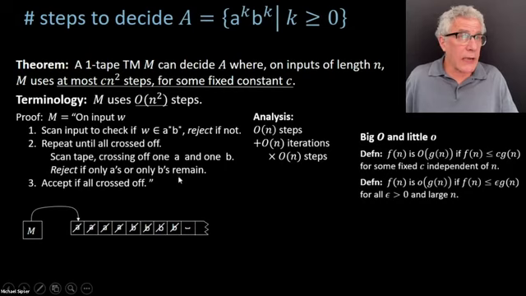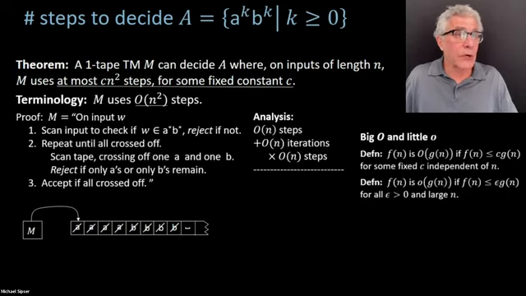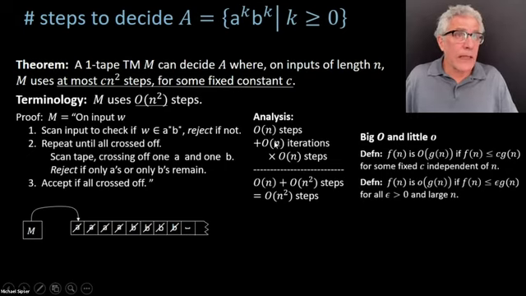Each one of them is going to, again, require a scan. So that's order n steps for each one of the iterations. So adding that all up, the very top row gives us the order n, and then we have the order n iterations times order n steps is order n squared steps.